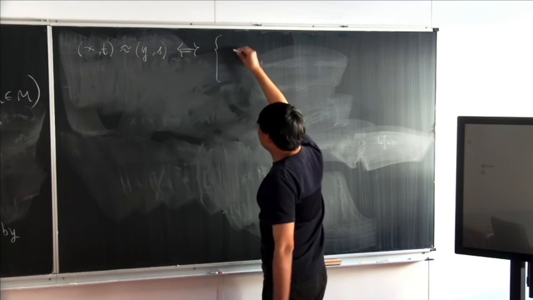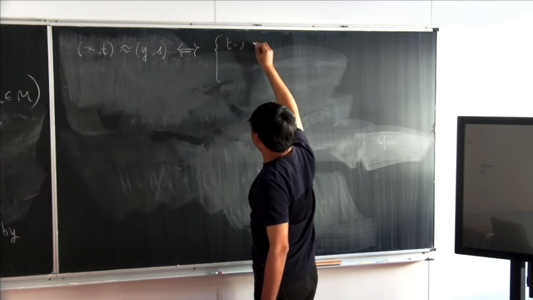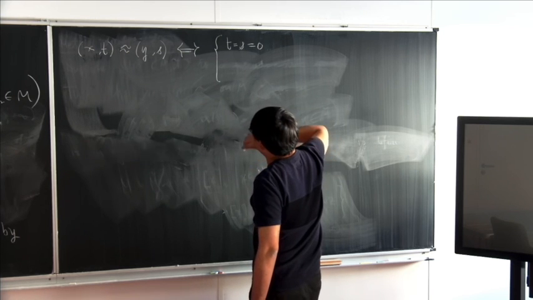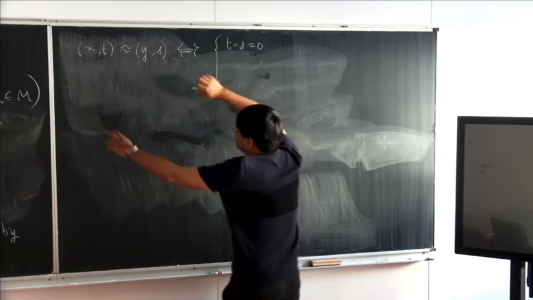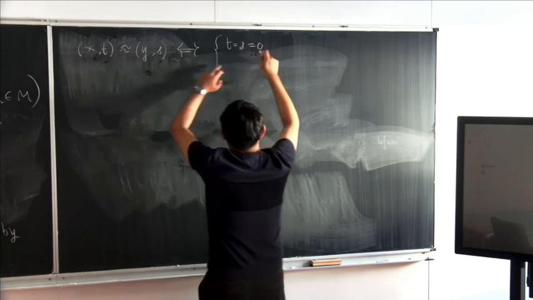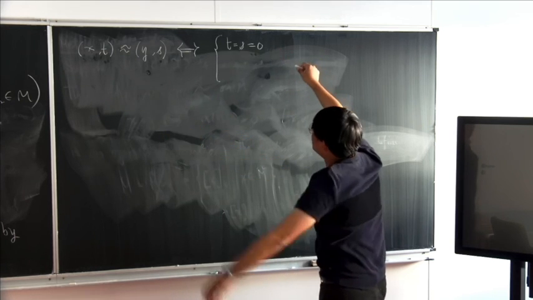The first case is t and s are both equal to 0. In this case we don't care about x and y. If both t and s are 0, then they are equivalent.